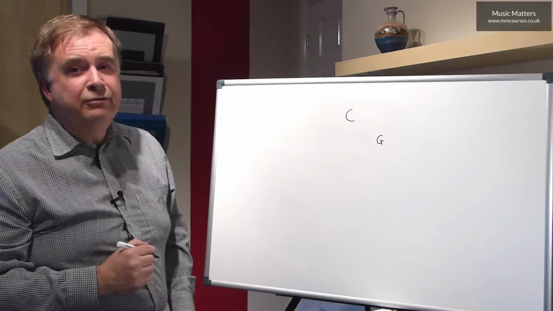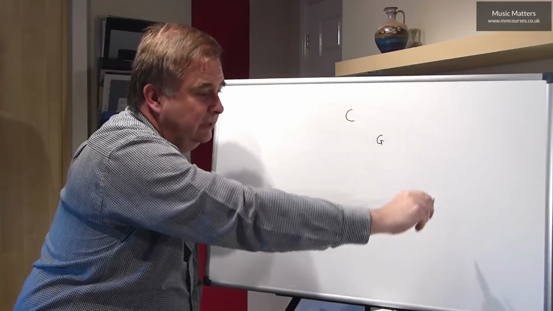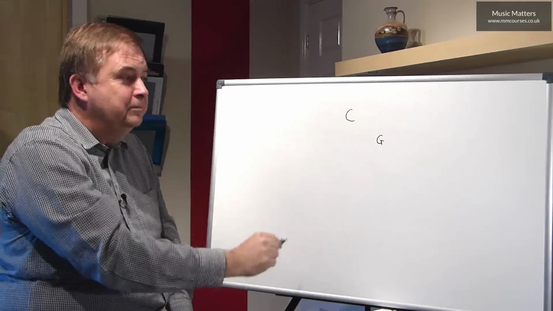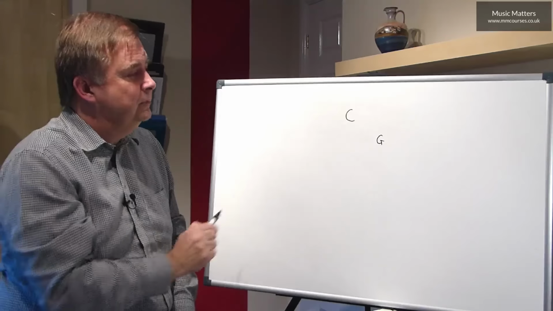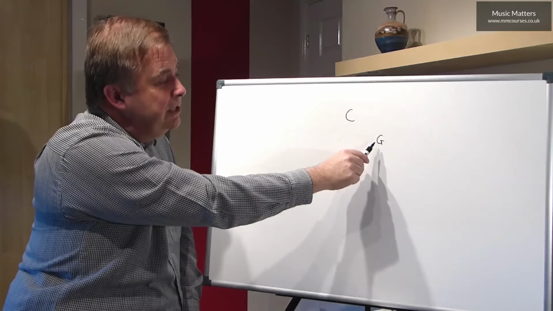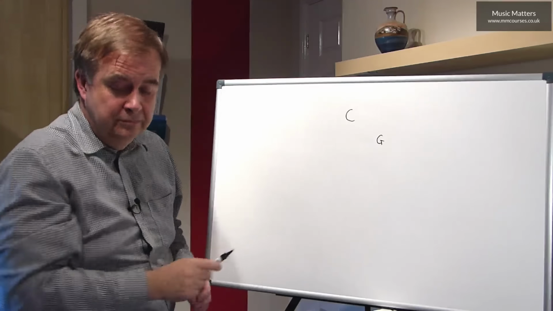Now as this circle unfolds, you'll discover that we're going to have sharp keys on this side of the circle, and we're going to have flat keys on this side of the circle. So C major has got no sharps, G major, which is a fifth above C, has got 1 sharp. This is how it goes.